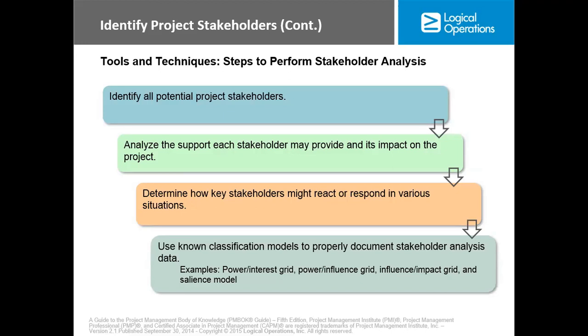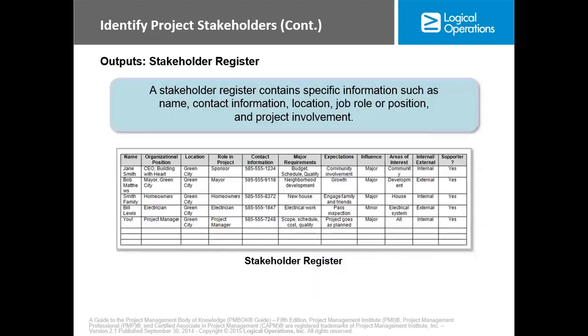There's also the power influence grid, the influence impact grid, and the salience model. Now, the stakeholder register contains specific information such as names, contact information, location, job roles or position, and project environment.